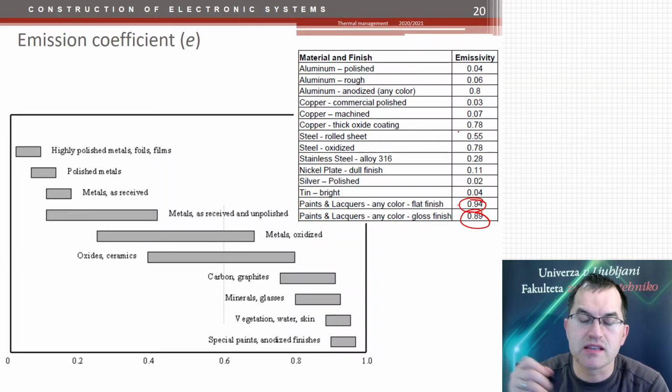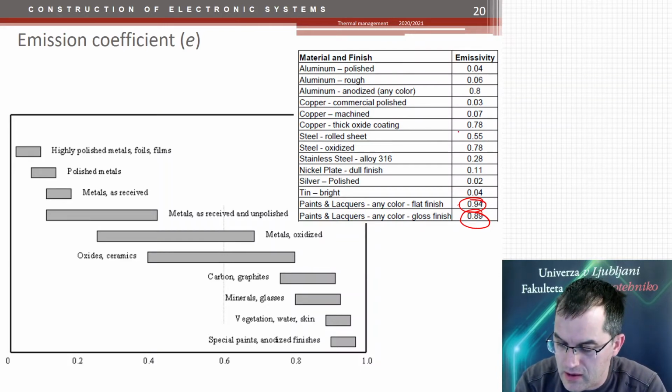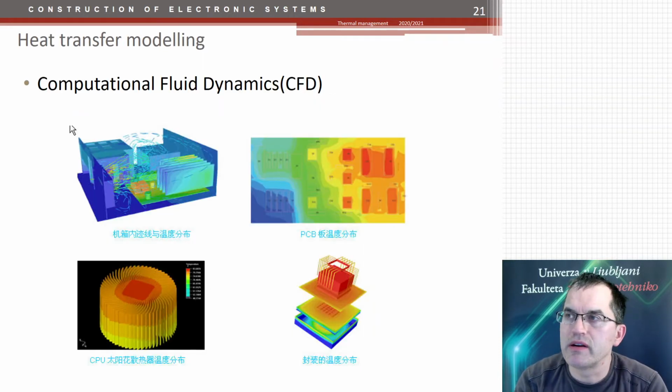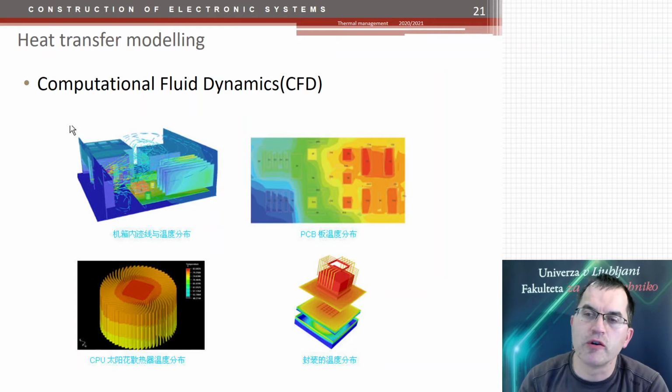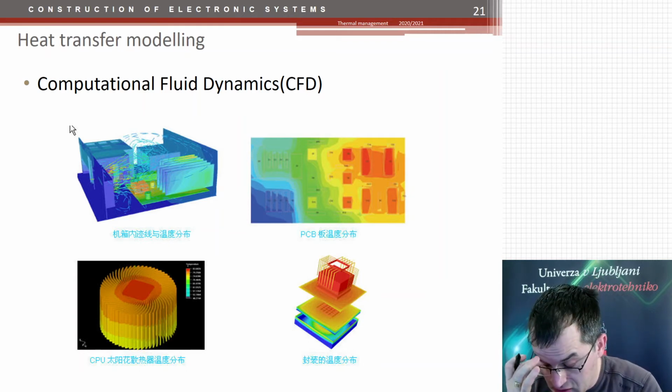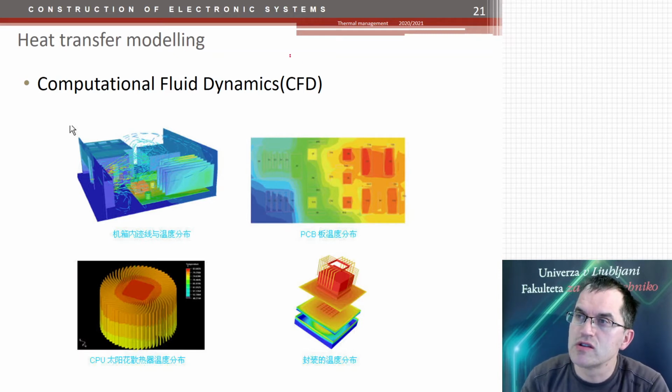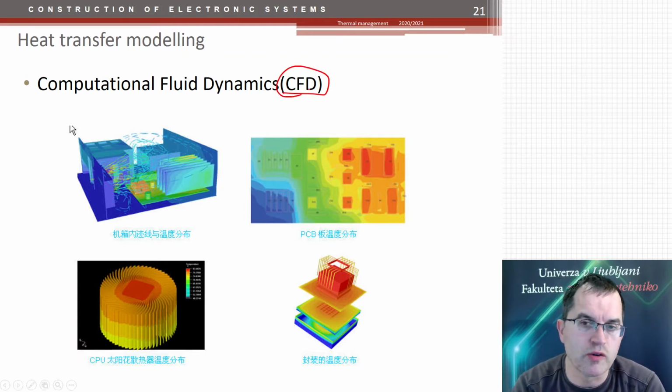And this means that here you can have a wrong reading. We use all these parameters to model temperature in electronic devices, and for radiation and conduction it's not a big issue, but for convection we have to use so-called computational fluid dynamics, CFD, which is actually used for any liquids.